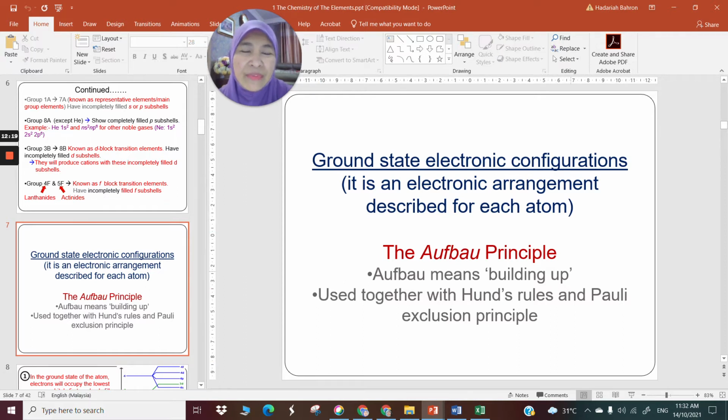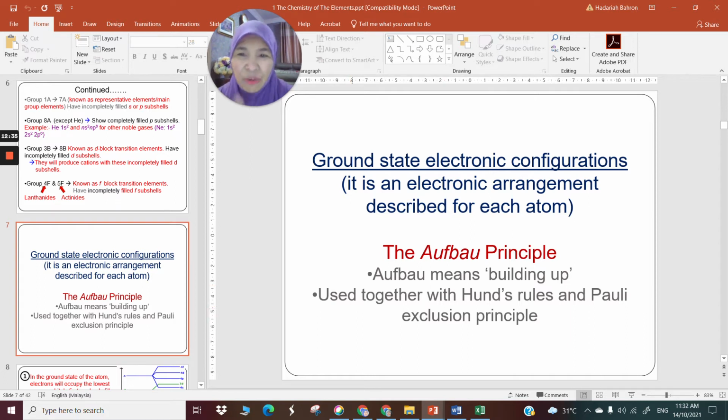And then we also have the Aufbau principle. Aufbau is a German word, means a building up principle. How do you build up electrons filling in orbitals in your elements?